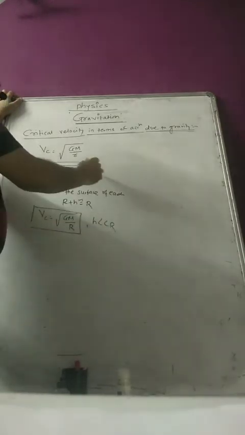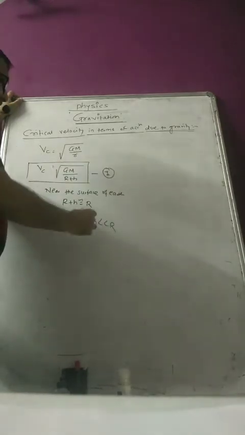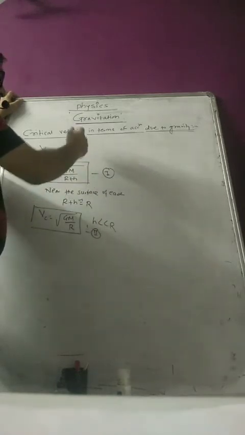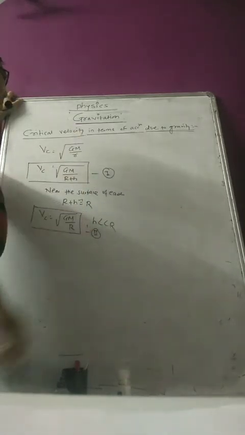This happens when h is very small as compared to r, so we neglect h. This is the first expression, at a particular height h, and this is the second expression, near the surface of earth.